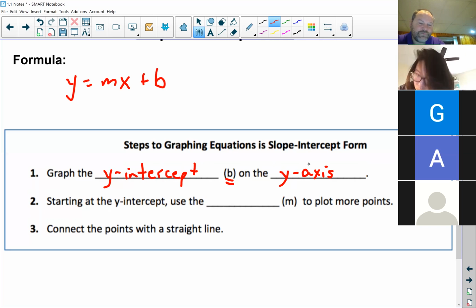From that point, we use the slope to plot more points. And then we can connect those points with a straight line. I usually like to get 3 or 4 points. And then if they don't connect with an exactly straight line, I know that I messed up somewhere.